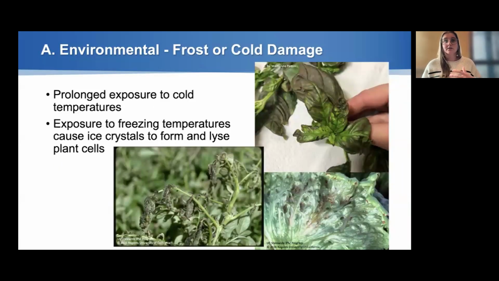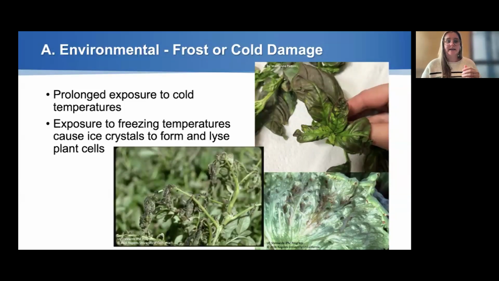So frost and cold exposure are similar to heat and sun scald damage, in that they're very specifically different things. So frost damage is that exposure to actually freezing temperatures. It's the ice crystals that form in the plant cells, and it causes those cells to burst, and it will cause cell death and necrosis.